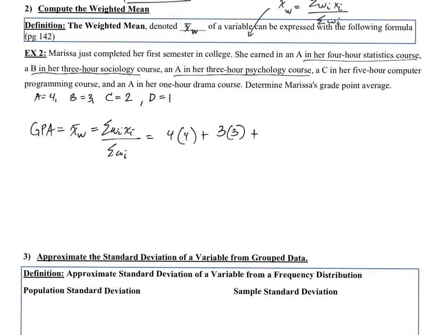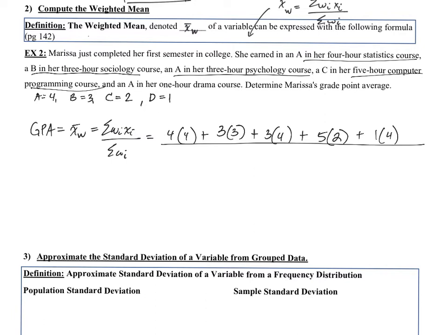So she had an A, which is worth 4, and it was 3 hours. Oops, wrong way around. And then 5-hour computer programming course. So 5 hours, and she got a grade of 2, because the C is 2. And lastly, she got an A in her 1-hour drama course. So 1 hour and the worth, all divided by the sum of the weights, w sub i.